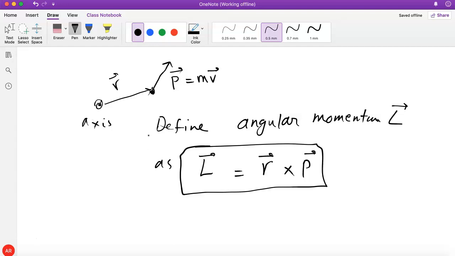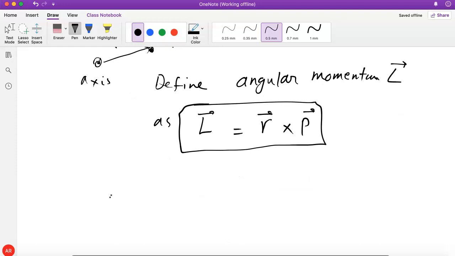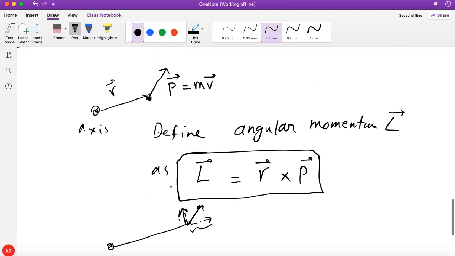So if I decompose my momentum into a component in the radial direction and a component perpendicular to that direction, this component does not contribute to the angular momentum. All the contribution of momentum to the angular momentum comes from this component that's perpendicular to r.